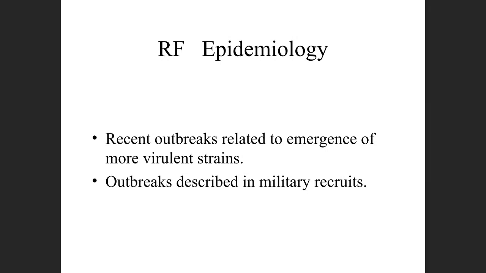There have been continued outbreaks in military recruits, and the United States Army has programs for preventing the spread of streptococcal infection in military recruits. These are young people living in close quarters.